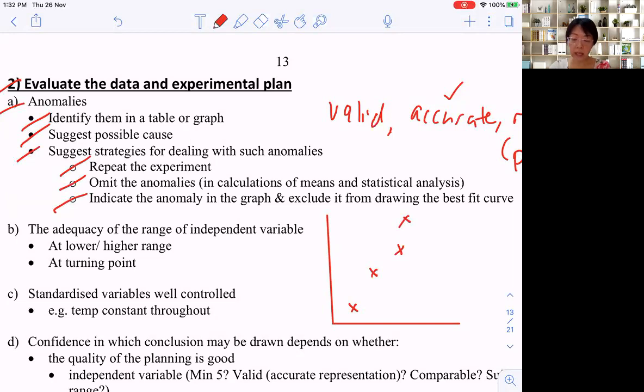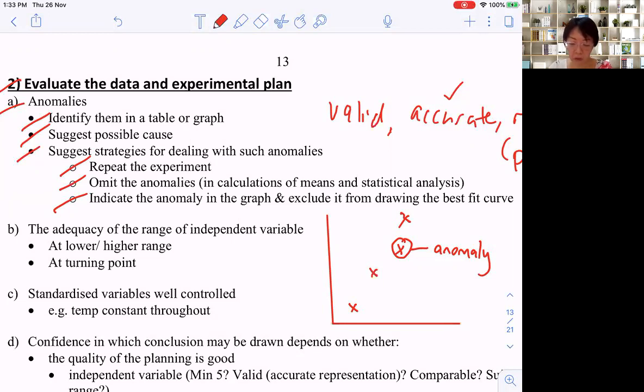Then you can see that actually this looks like an outlier, meaning the anomaly. So you may want to circle it and label it as an anomaly. And then you draw the best fit curve. Best fit curve is quite difficult here. You need more points.